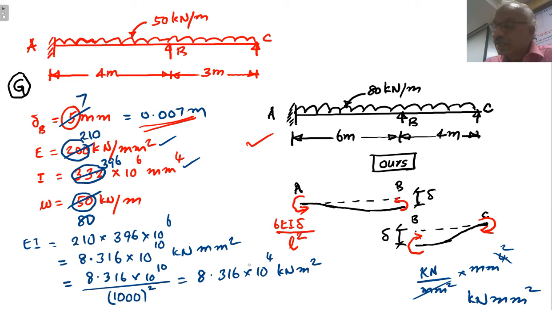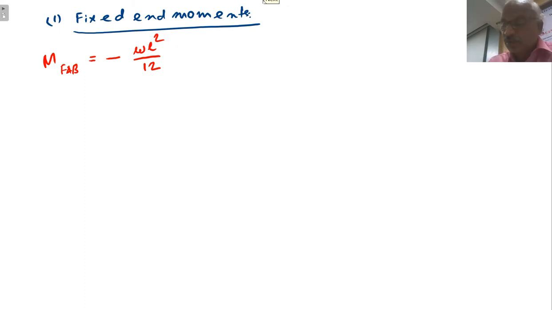Right. Now coming to the next page. Equal to minus 6 EI delta by L square. So this is equal to, our W is 80. First span is 6.